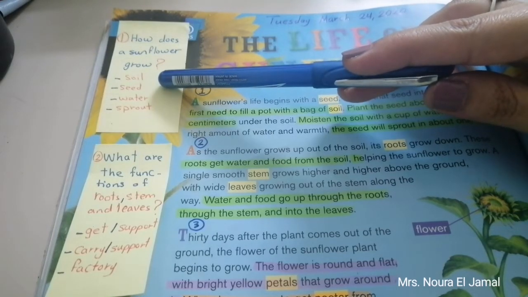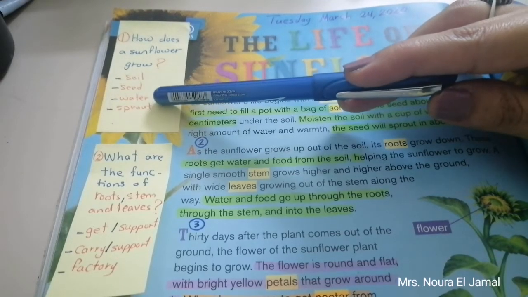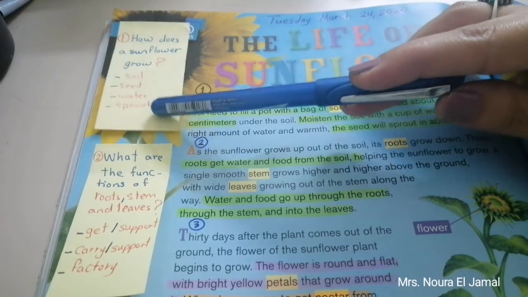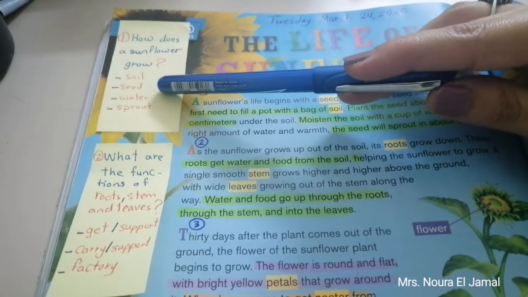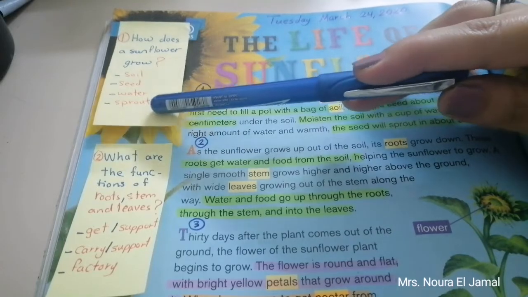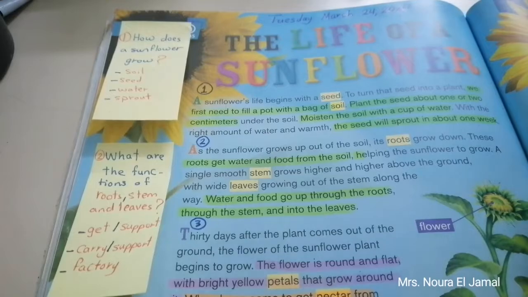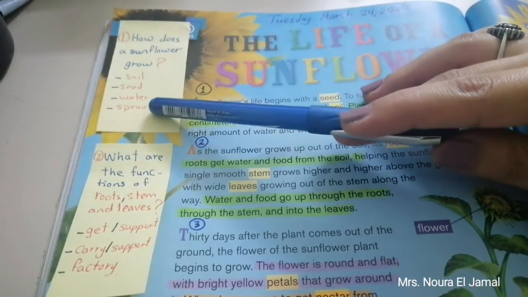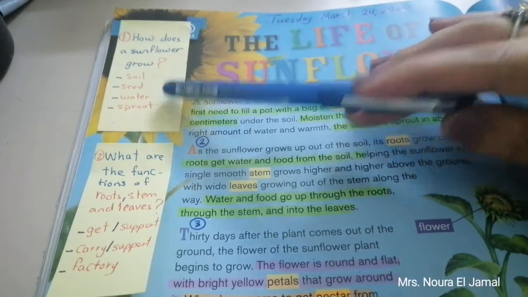The soil first, then we will plant a seed, then after that we will water it, then it will sprout. Okay? Soil, seed, water, and sprout. I give you small words to let you remember the paragraph.